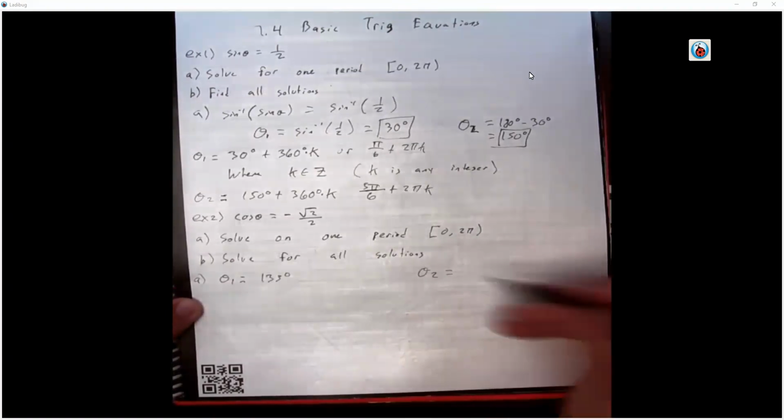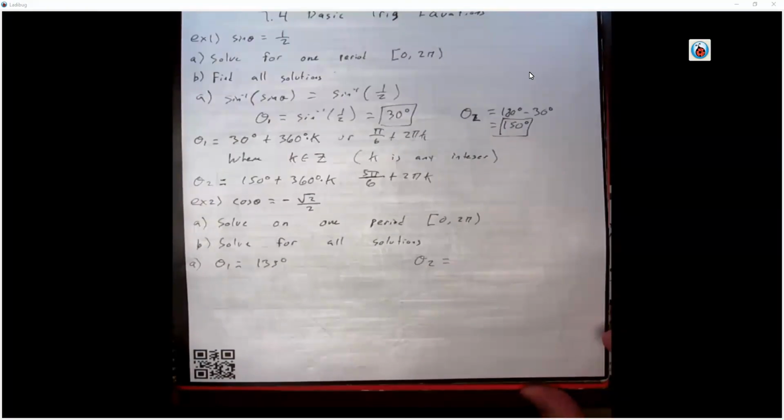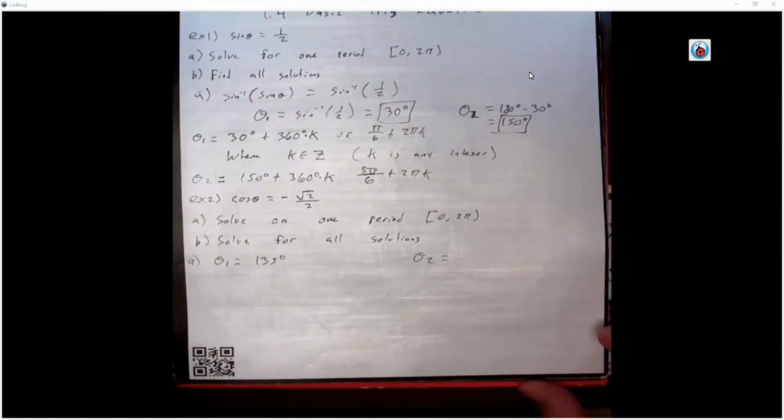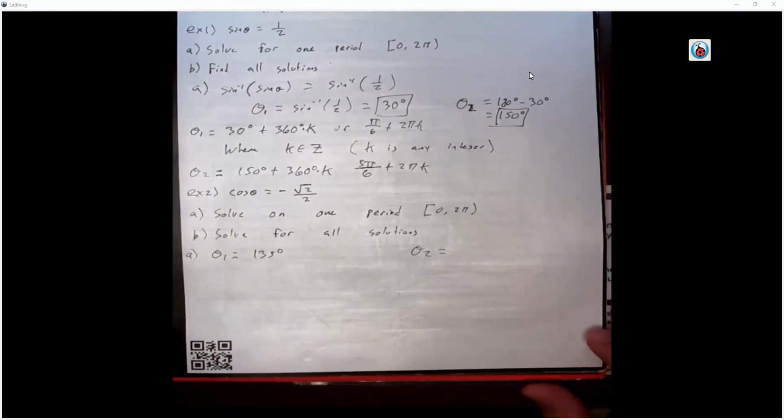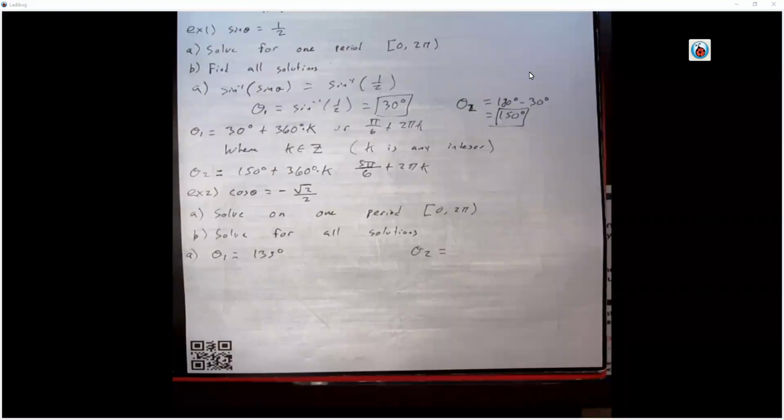What is theta 2? On the circle? So for cosine, you guys don't have a circle in front of you.